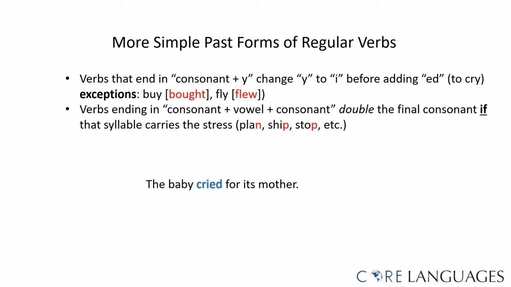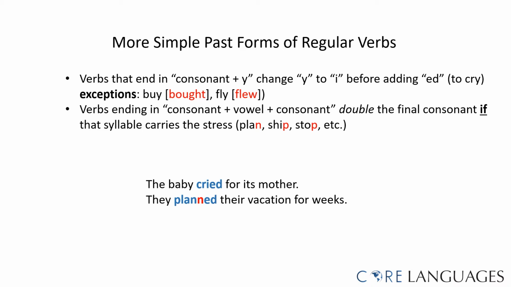Verbs that end in a consonant, a vowel, and another consonant double the final consonant, especially if that syllable carries the stress or if the verb is a one-syllable verb, such as plan, ship, or stop. They planned their vacation for weeks.